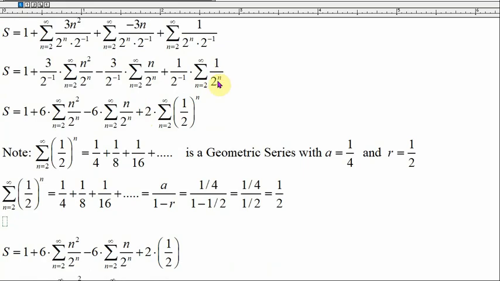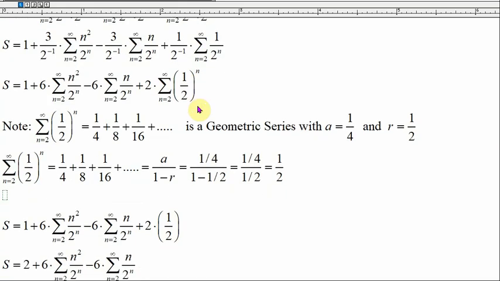And then 1 over 2 to the n is the same as (1/2) to the n. And once again, this summation with the expression (1/2) to the n is a geometric series, and it converges to 1/2. So this part right here is 1/2.